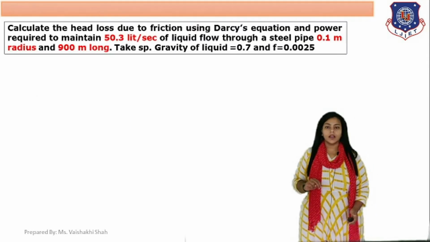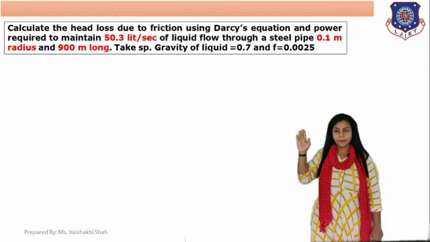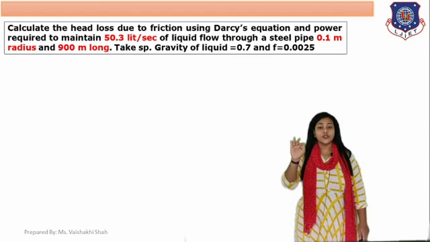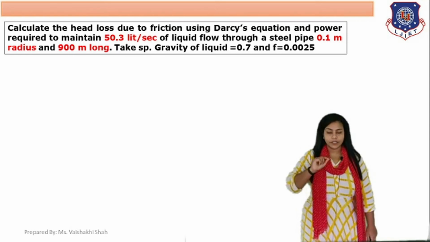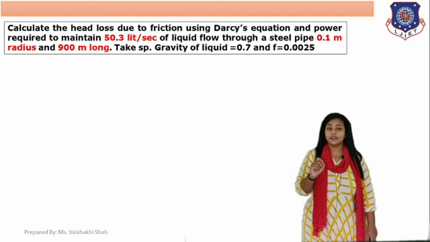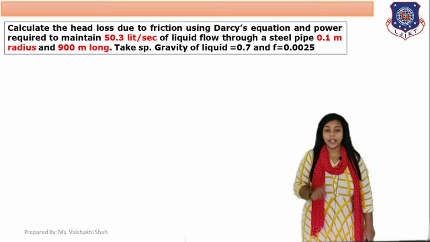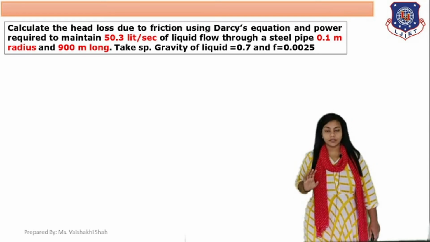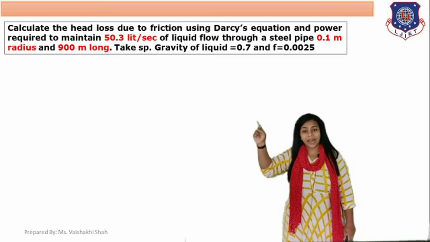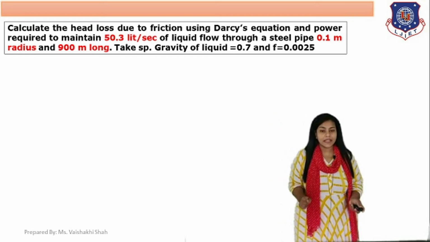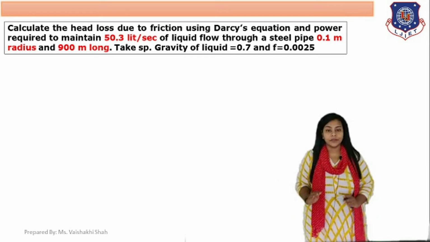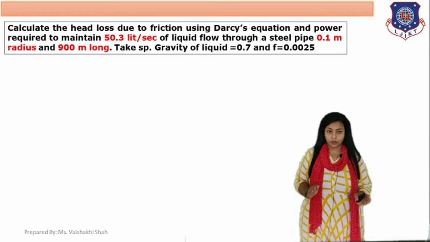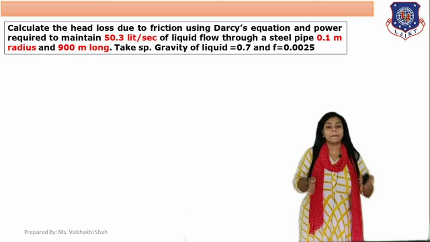Now our next example is: calculate the head loss due to friction using Darcy's equation. We have to find out head loss due to friction, HF, by Darcy's equation, and the power required to maintain 50.3 liter per second of liquid flow through a steel pipe.